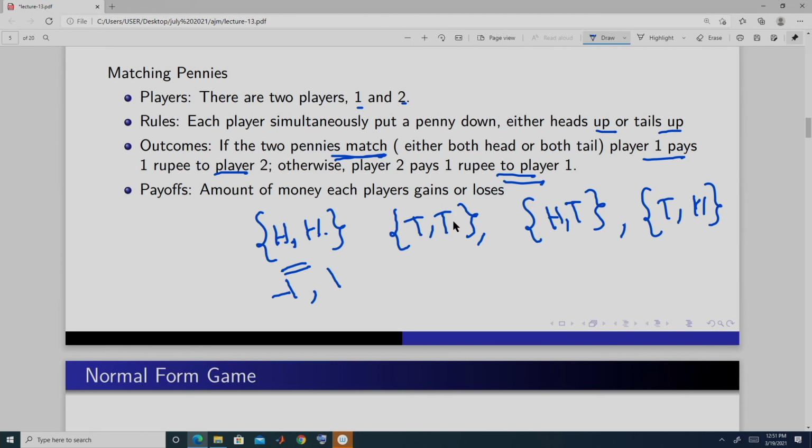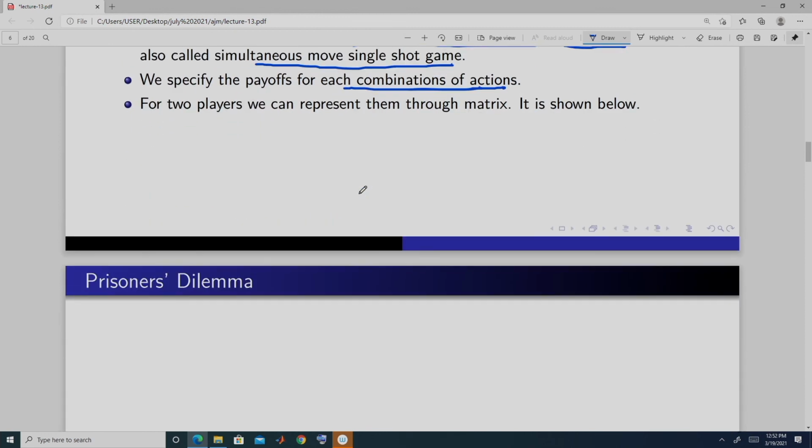If it is tail and tail, it is minus 1 for player 1 and 1 for player 2. And if it is head and tail, then it is 1 for player 1 and minus 1 for player 2. And if it is tail and head, again you will get the same. So, these are the 4 possible outcomes, and these are the payoffs they get in these outcomes. Okay. So, this is a normal form game.